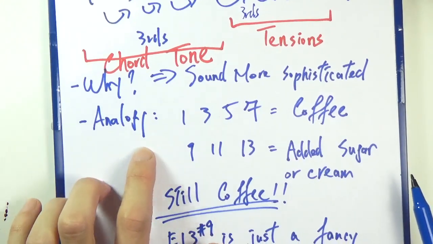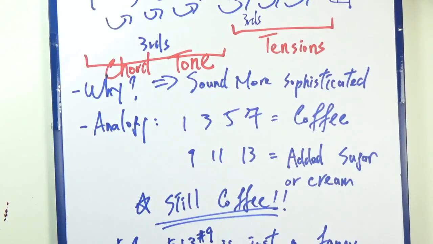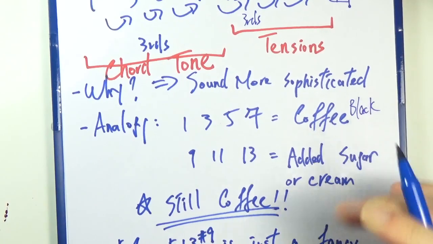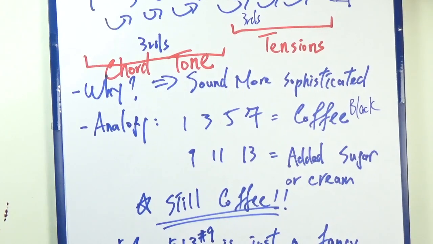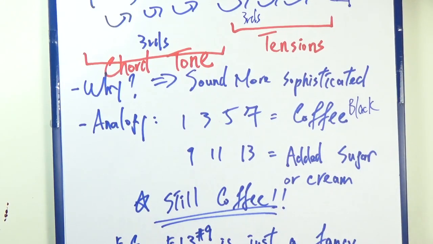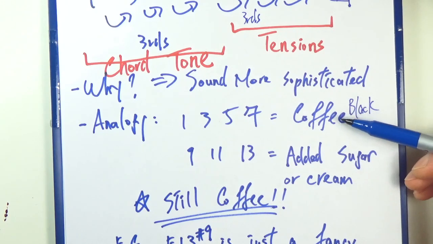So the analogy that I heard from that teacher was you can think of the 1, 3, 5, 7 as coffee, your black coffee. Nothing added, just coffee. Okay, and then you can think of the tensions 9, 11, 13 as added sugar or cream or even cinnamon or chocolate powder. So when you add these to the coffee, you don't really change the coffee.